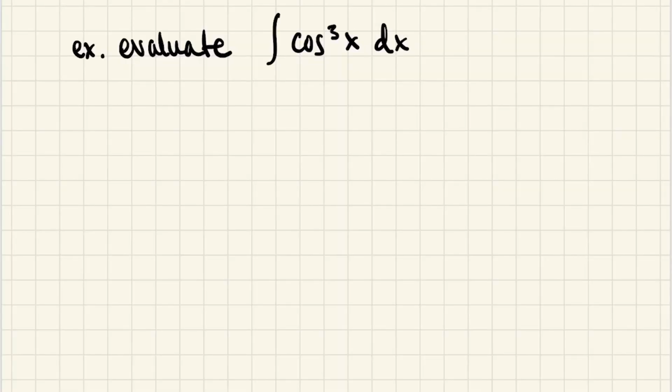Okay, so with a few very notable exceptions, the general strategy for approaching trig integrals like this is going to be roughly the same. The idea is going to be that we want to do a u substitution, and we want to let u equal a trig function, and it won't be cosine, but we want to let u equal a trig function whose derivative already appears somewhere in here.